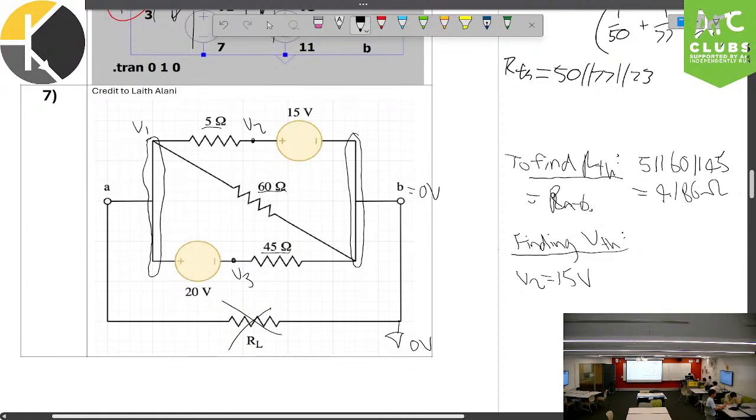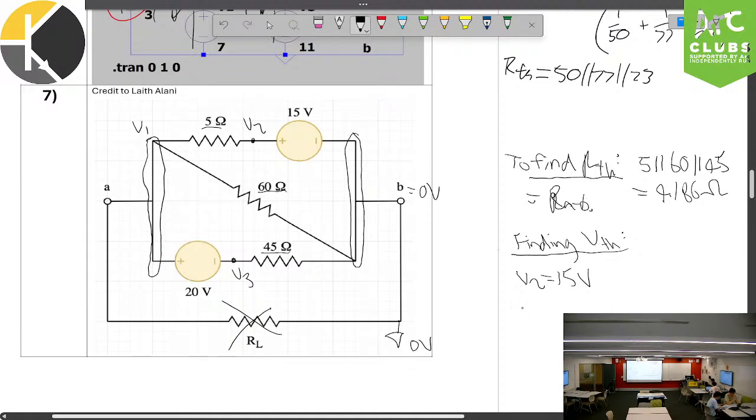If we wanted to do KCL at 3, we can't because we have the voltage source right next to it. So what we can do is form a supernode using the V1 voltage and the V3 voltage. If we subtract V3 from V1, we get the voltage across them to be 20 volts as per the voltage source.